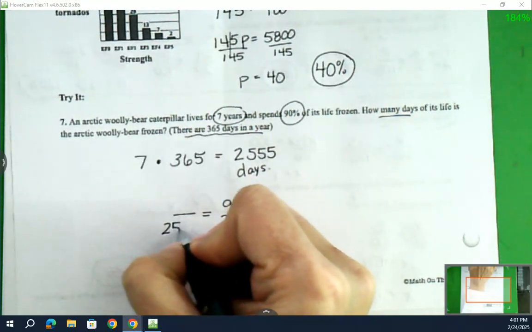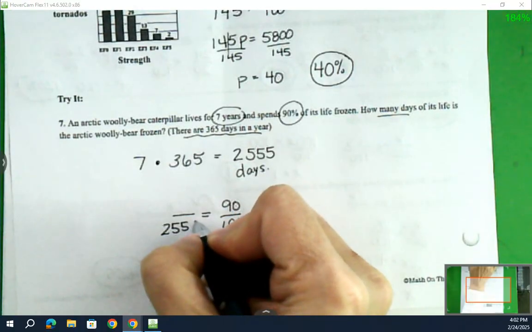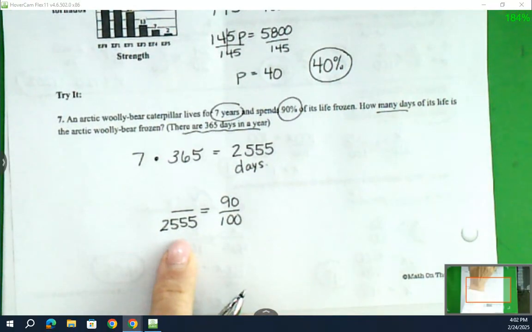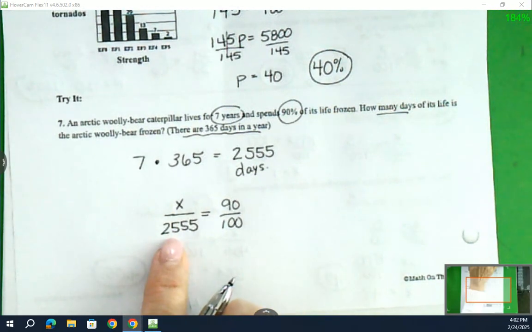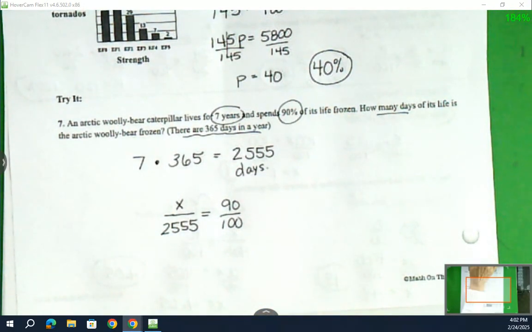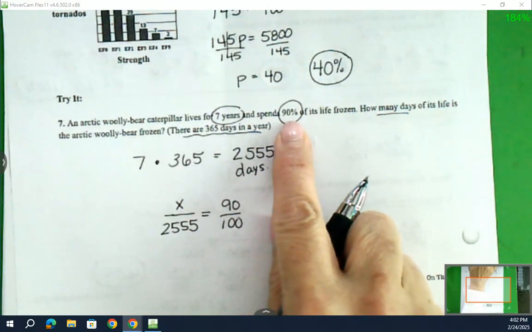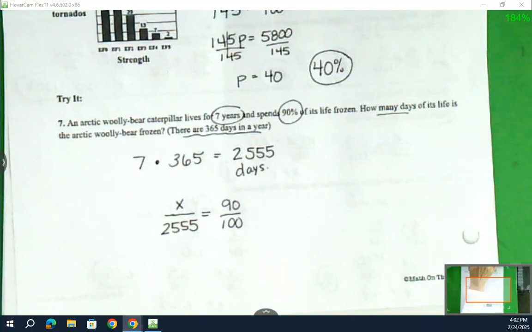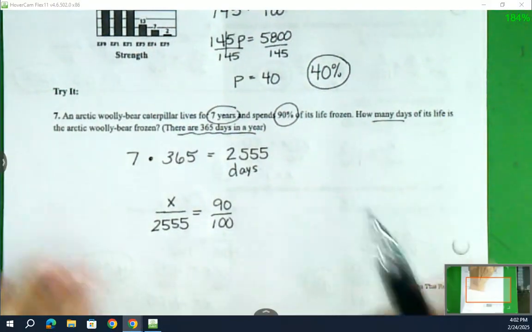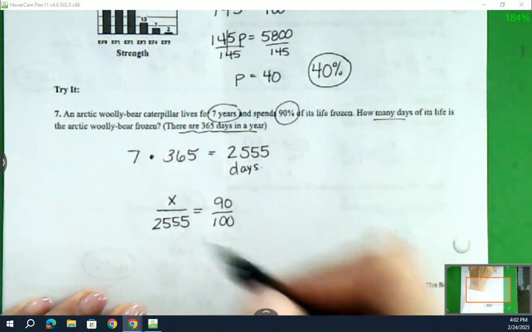So if that's the total lifespan, we want to know what portion of it, or the part out of the total, out of the whole, it's spent frozen. 90% is almost 100%. So a lot of this time is going to be frozen. So we better have a pretty big number there. So we're going to cross product this and then check our answer and see if it makes sense.